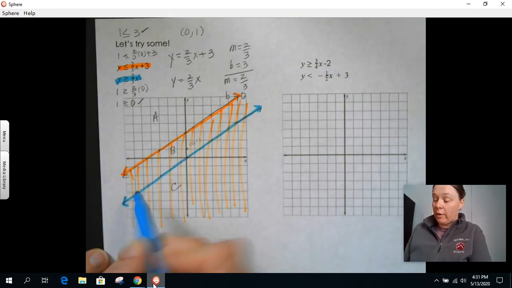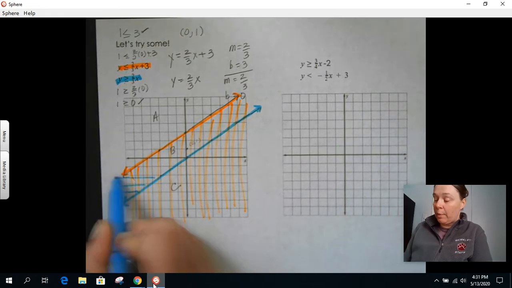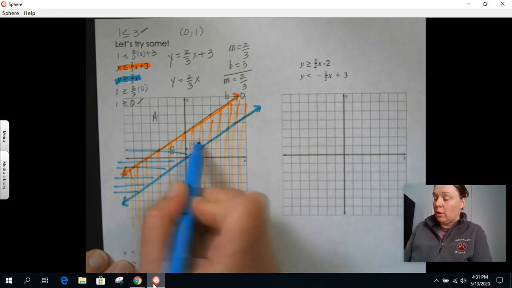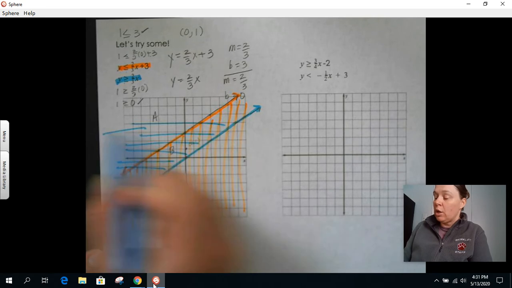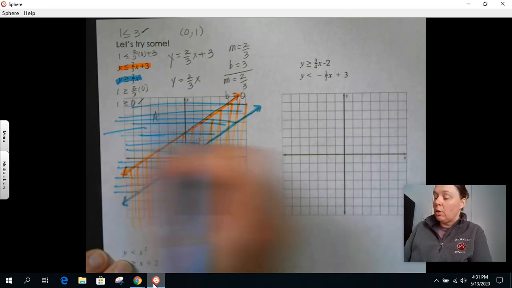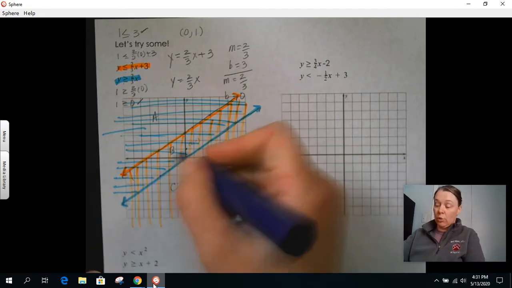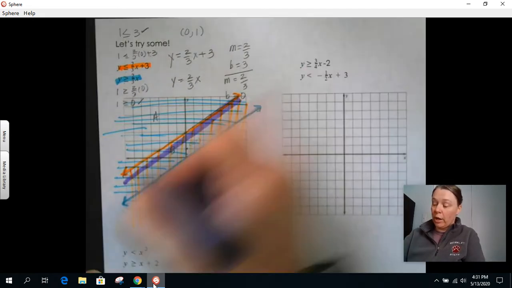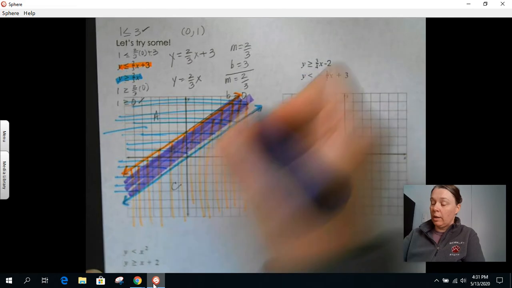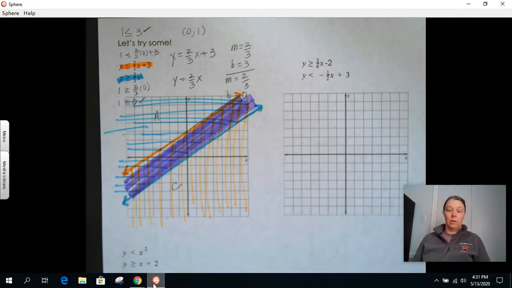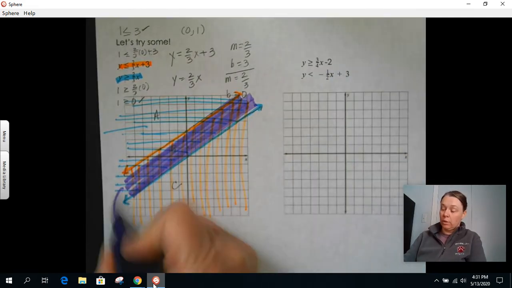If let's say you didn't have colored pencils right now, when I do my shading, I'm going to kind of go like this horizontally. So if you were using just pencil, where would your solution be? Okay, so think about what region is your solution, A, B, or C? So our solution is this crosshatch here where I've got my blue and my orange, everything in between. Okay, so this is my solution.